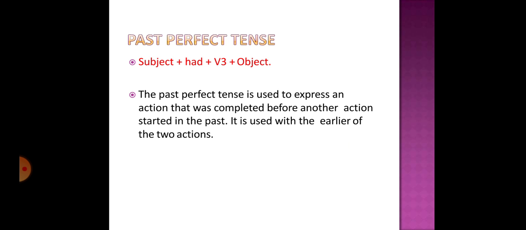It is used with the earlier of the two actions. So the past perfect tense expresses an action that has already been completed in the past before the beginning of the other action.